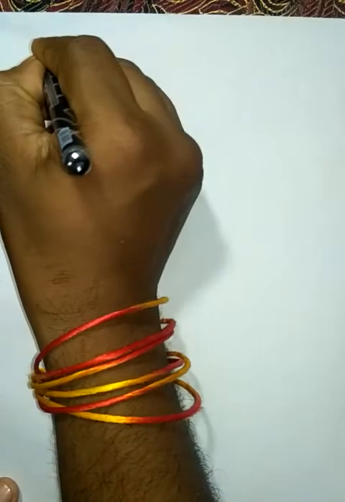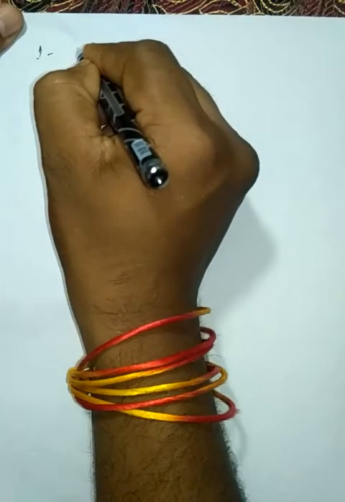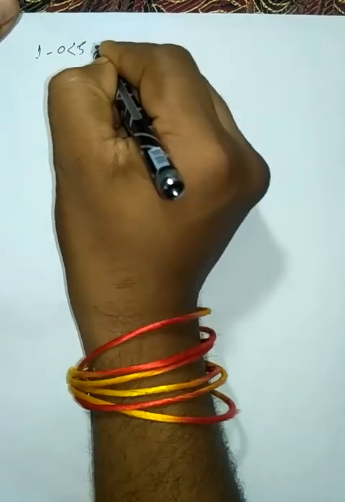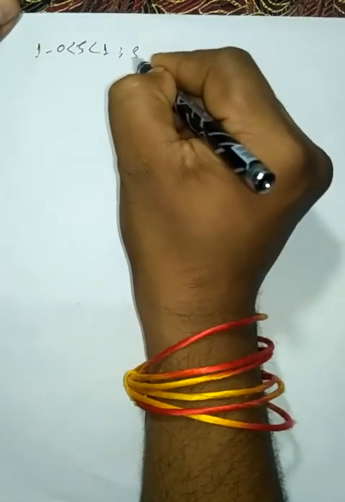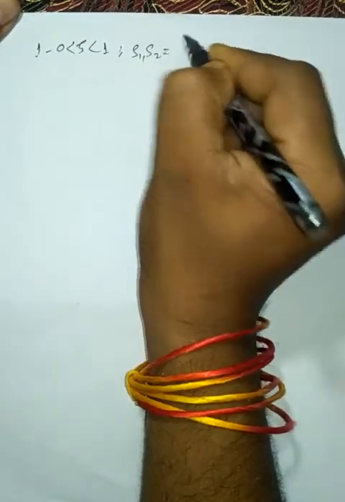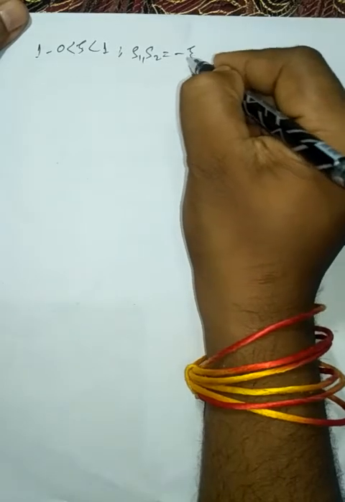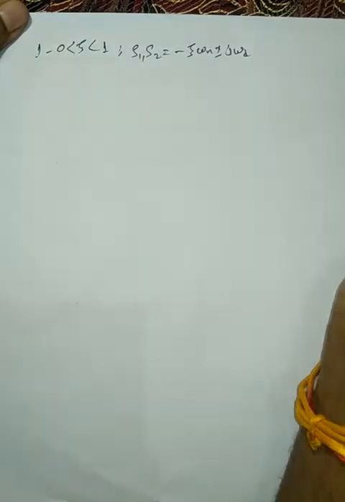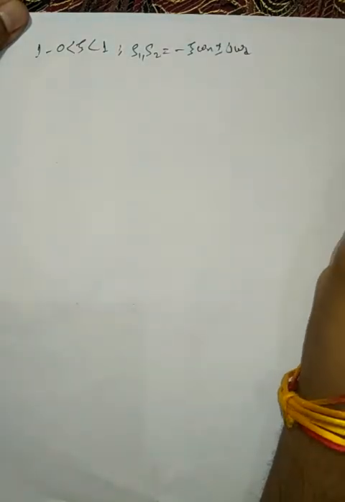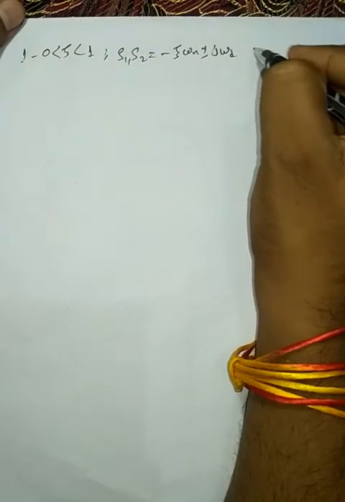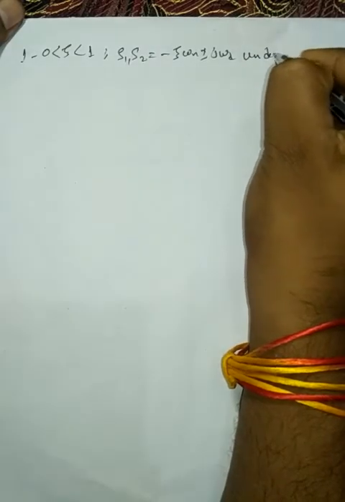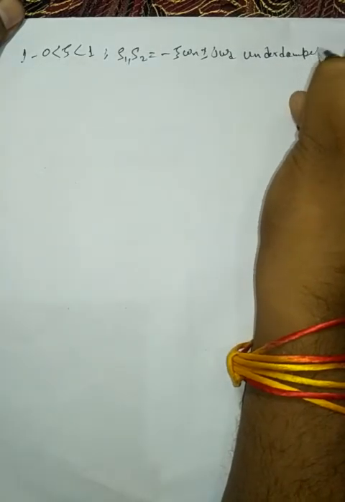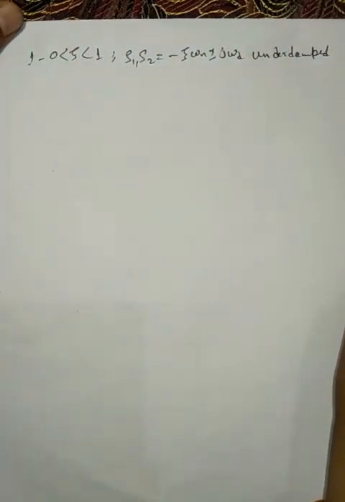First case, when zeta is greater than 0 and less than 1, I have two roots S1, S2, which are minus zeta omega n plus minus j omega d, and the case is under damped response.